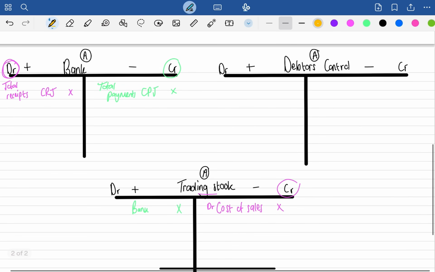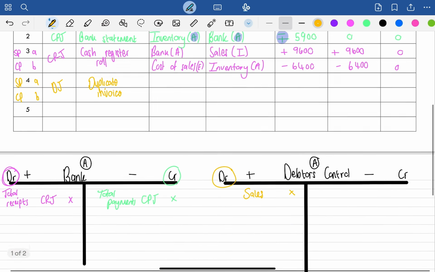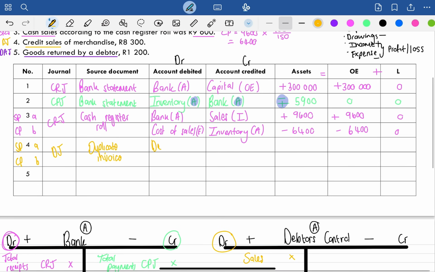However, when a debtor buys on credit, we say they owe us more. So every time we've got sales going to a debtor, we say the debtor owes us more. So debtor's control will be debited. And the reason they owe us more is because of sales.